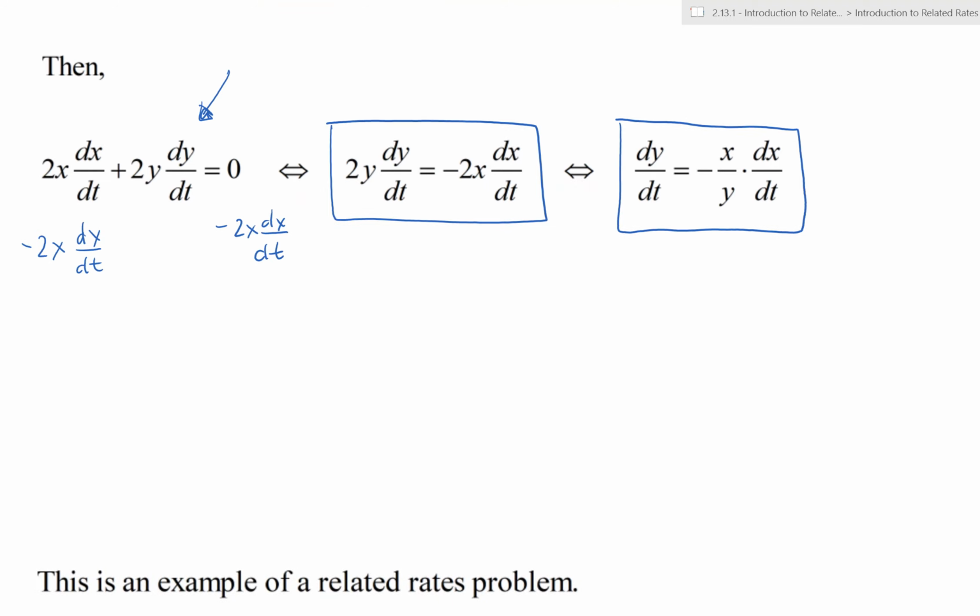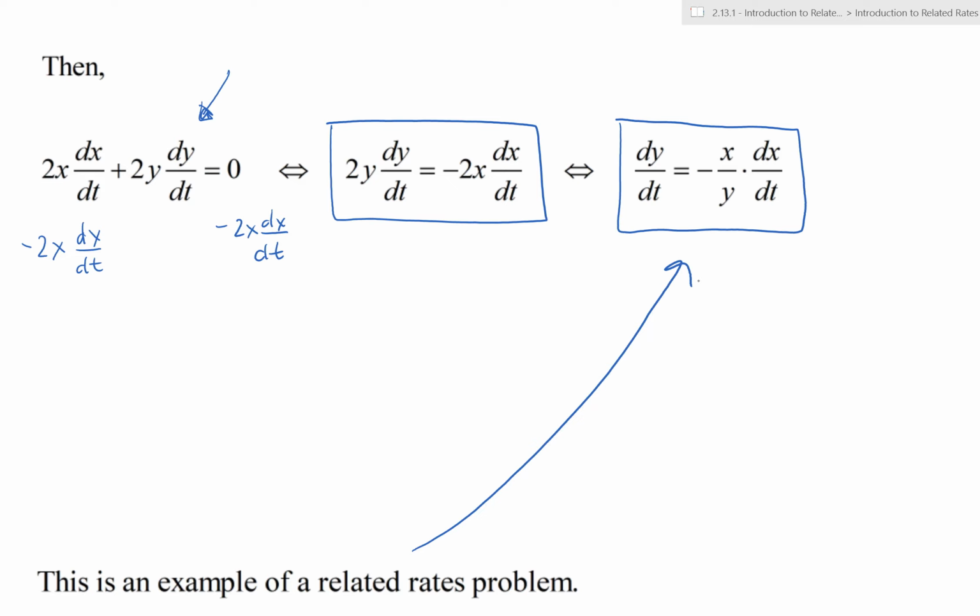And in fact, like I was saying, this is a related rates situation. That's an example of it. Why? Because we have a rate of change on the left-hand side, dy dt: how does y change with respect to t? And it's equal to some other expression, in this case negative x divided by y times dx dt.